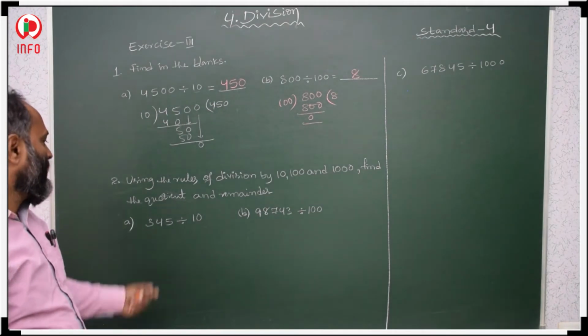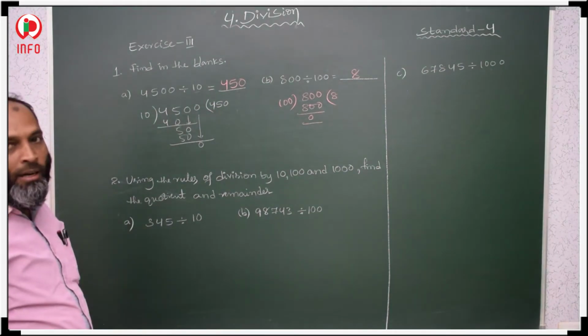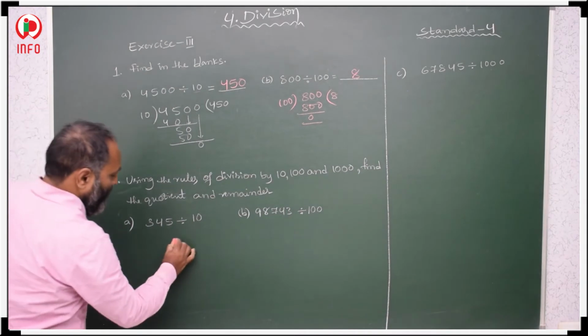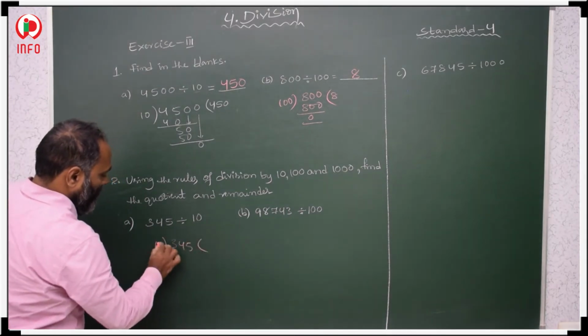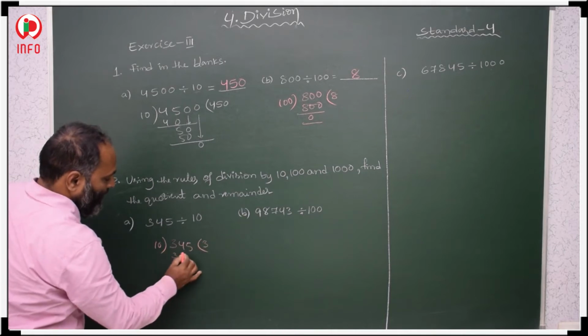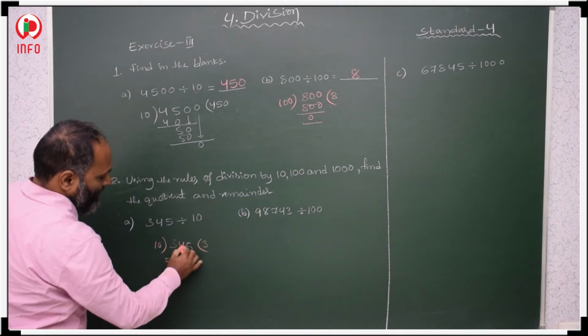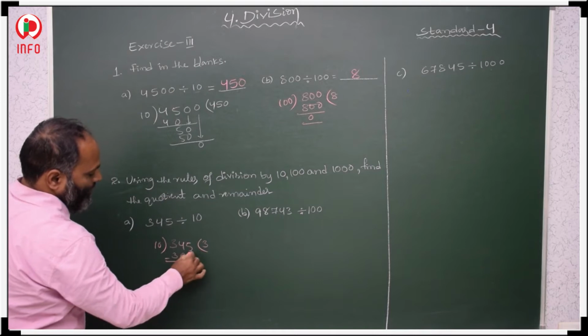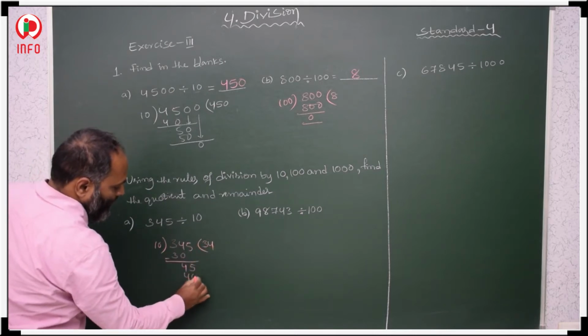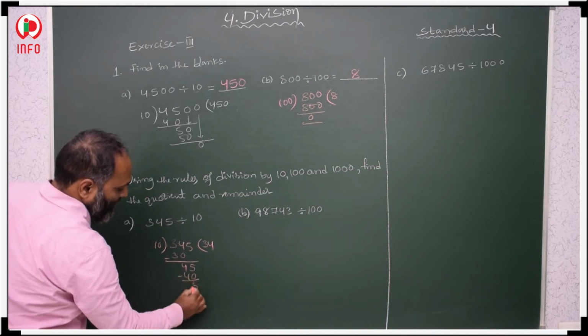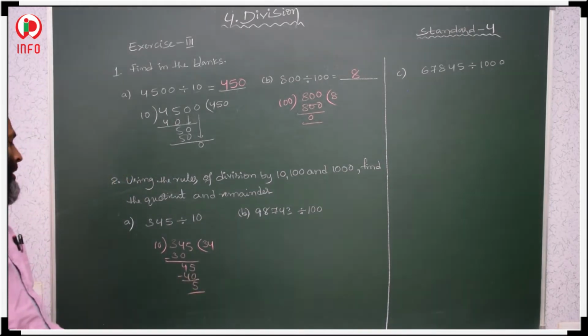Then 345 divided by 10. 10 3s are 30. Then minus, 4 minus 0 is 4, and 5. 10 4s are 40. Then minus, here 5. 5 is a remainder.